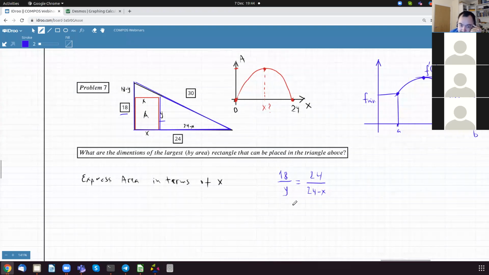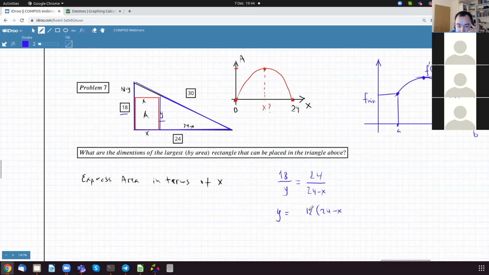So we rearrange this to find y, which is equal to 18 times (24 minus x) divided by 24. Using a multiplication symbol is a bad idea.